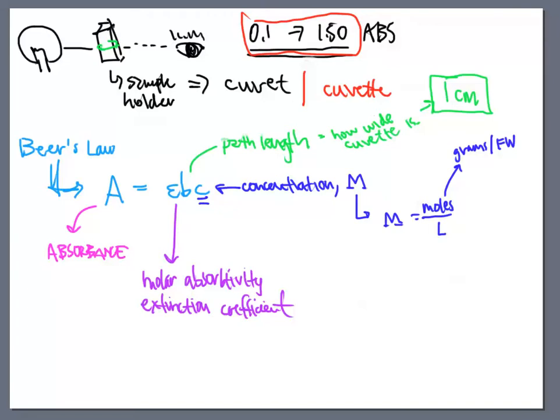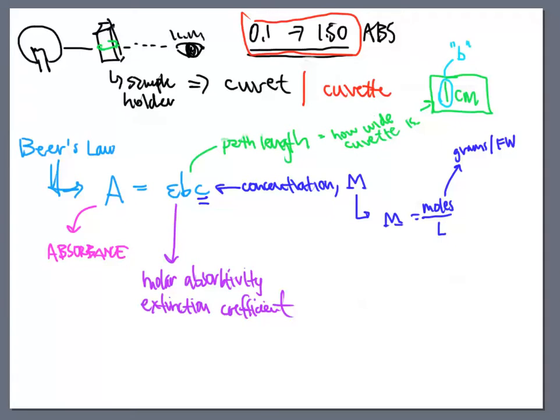So that means in this Beer's law equation, the B number will always be 1 every time. This is the number that I use for B. That makes my math much simpler because now A equals molar absorptivity times my concentration, because I can multiply 1 by anything and get the same number, so it really doesn't matter.